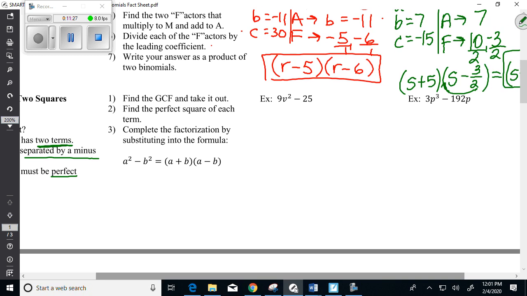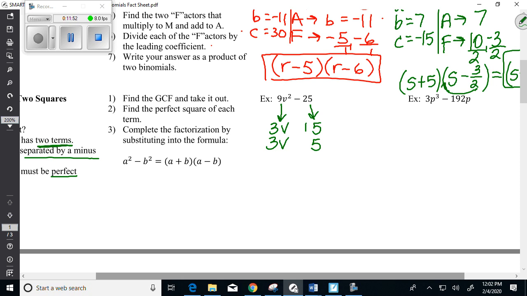So in this case, 9v squared, the square root of 9 is 3, and v squared can be broken up evenly. So that's 3v and 3v. 25 is also a perfect square. That's 5 and 5. But keep in mind, if you just take 5 times 5, that gives you positive 25, and you need a negative 25.